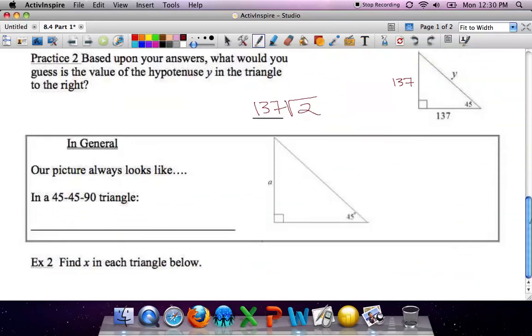In general, if you have an isosceles right triangle with leg a, the hypotenuse would always be a root 2.